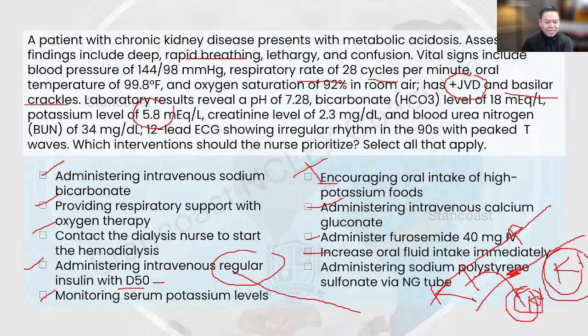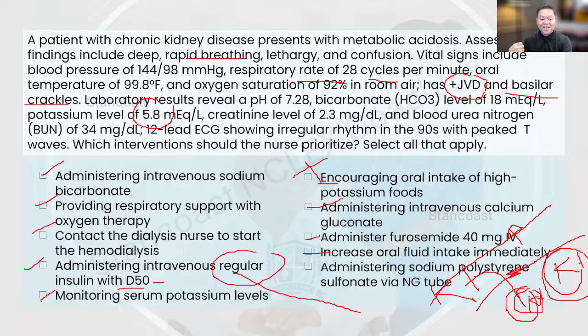Increase oral fluid intake immediately. Now, again, I talk about the safety issue that we need to deal with. If a patient has CKD, or let's say acute renal failure, maybe they have uremic encephalopathy, they are disoriented, confused, their mentation level is down, they are lethargic, drowsy, obtunded, do not initiate oral fluid intake. That is my advice for you as a neuro nurse.